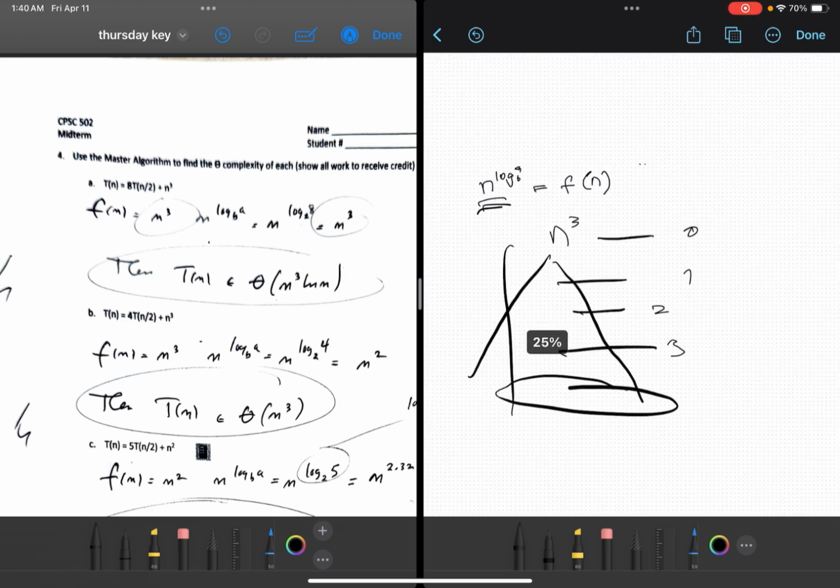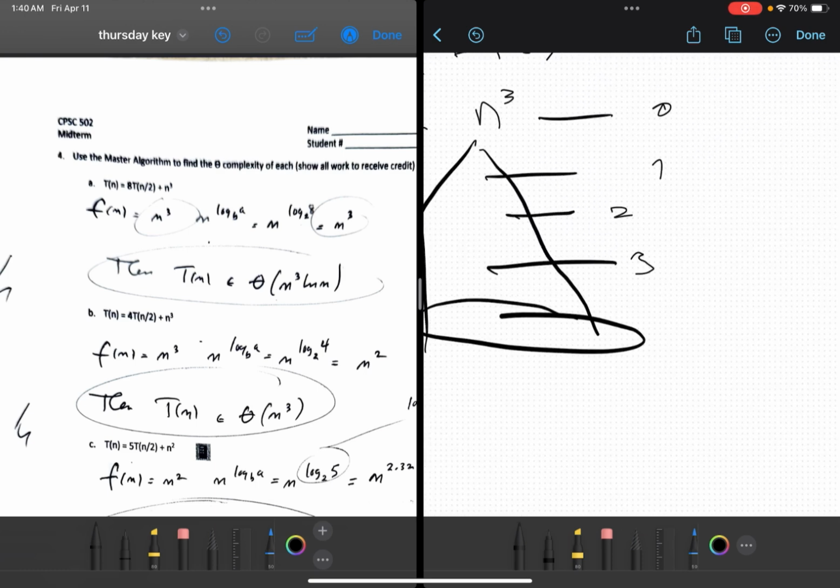Since both are equal, at the 0th level it is n cube, and even at the bottom level it is n cube. When the work done stays the same throughout each of the levels, to compute the overall work we just multiply n cube by the number of levels.